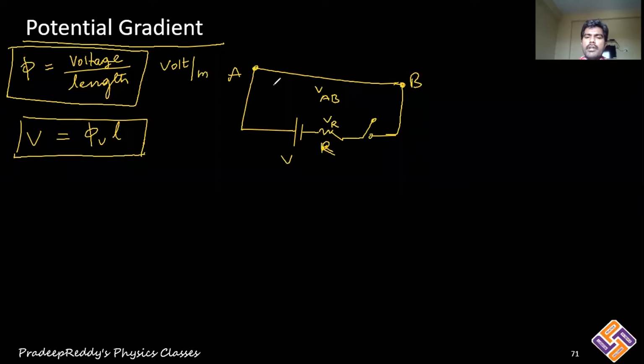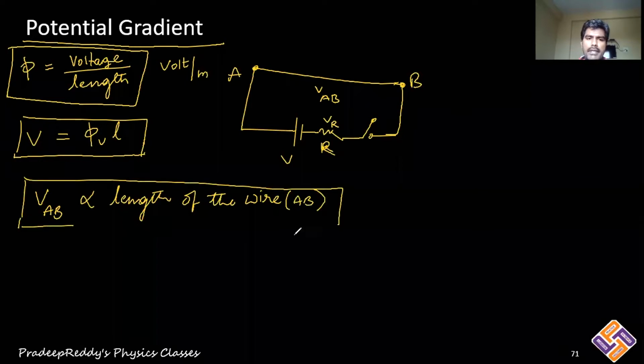So when you are taking any wire, connecting it in an electrical circuit, the voltage dropped across that wire is directly proportional to the length of the wire. If the length of the wire is greater, then the potential drop will be greater.